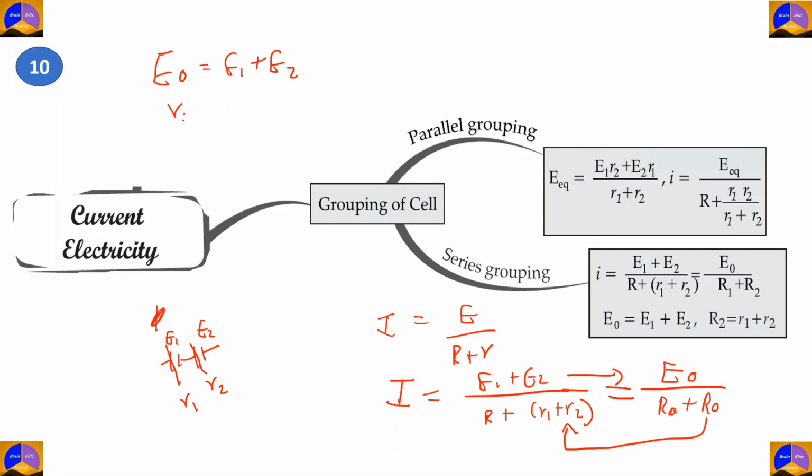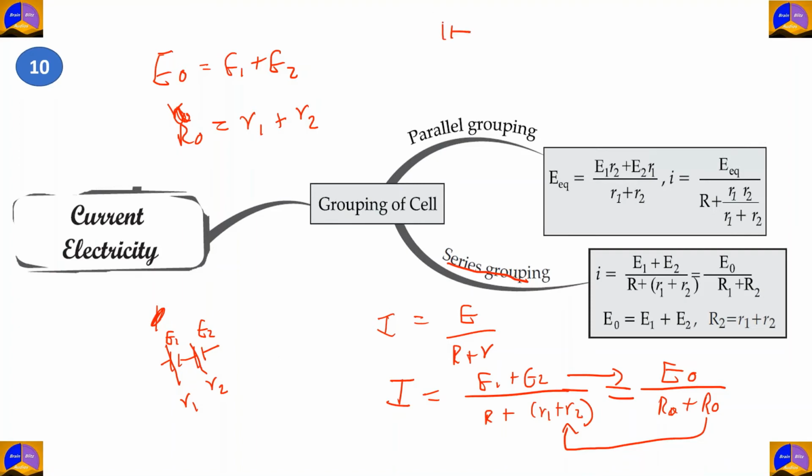And the total internal resistance will be equal to the sum of the internal resistances of both electric cells. This is series grouping. And that's when both the batteries are in series.